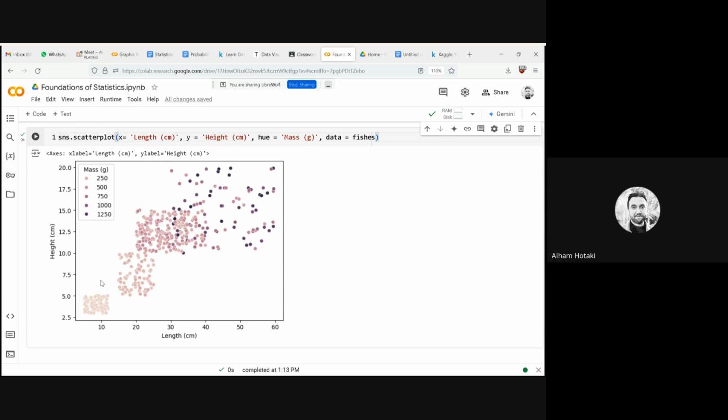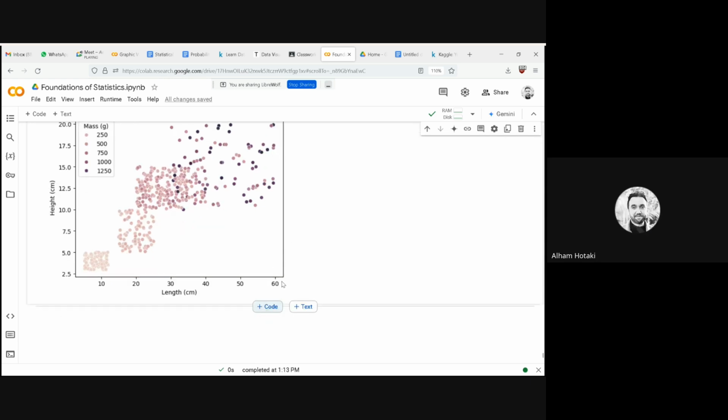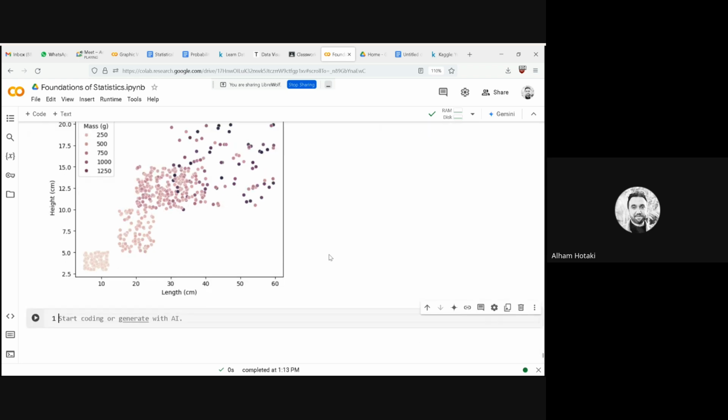The darker numbers are the heavyweight fishes, and the lower numbers are the lightweight fishes. So how can you interpret this data? As the length and height of the fish increase, the mass increases. Brilliant. This is the proper interpretation of this scatter plot.